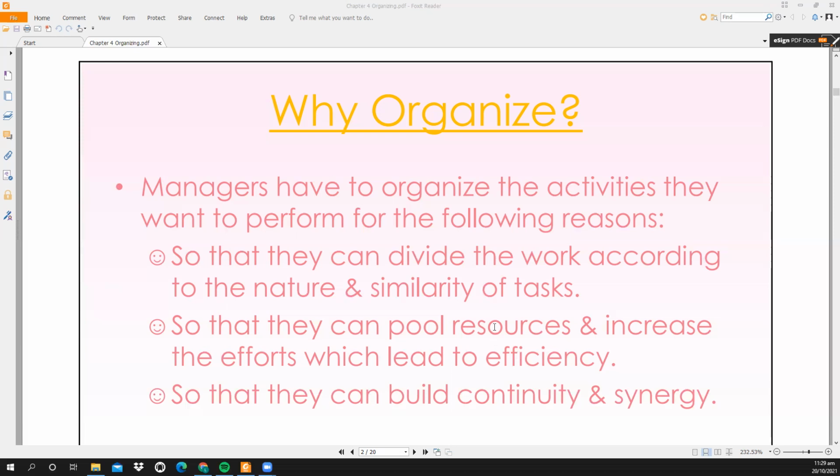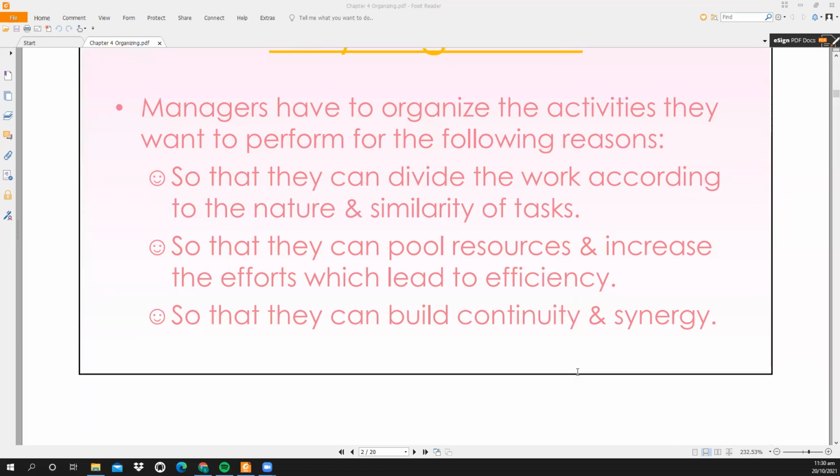If the task is for accounting, then it should be in the accounting department. It cannot get lost in another department. So that they can build continuity and synergy. When we delegate the tasks properly, then there will be continuity and synergy.